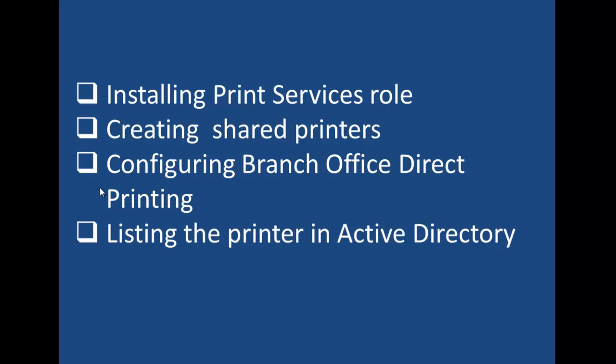You might want on occasion to print directly to a printer, especially if the WAN connectivity is having a problem. Then you want an alternative. We're also going to look at listing the printer in Active Directory, which allows the user to search for the printer on the network.